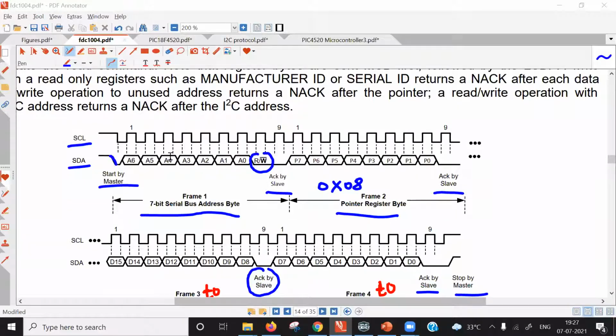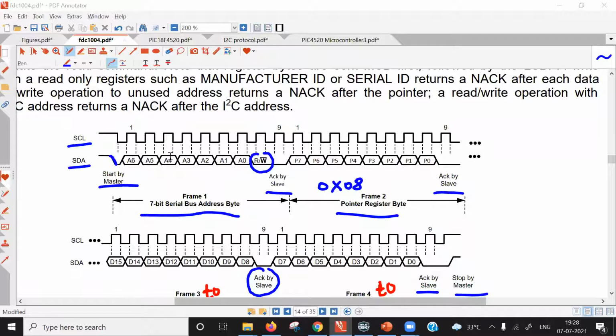First the master initiates the read or write frame. Whether we initiate a read or write frame, the first byte represents the address plus the RW bit. The purpose of the RW bit in the first byte is to tell the slave devices having the matching address whether the master is going to perform a read or write operation in the next cycle.